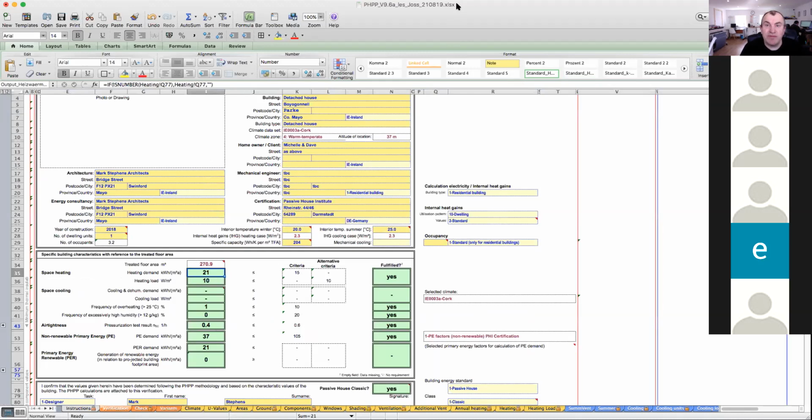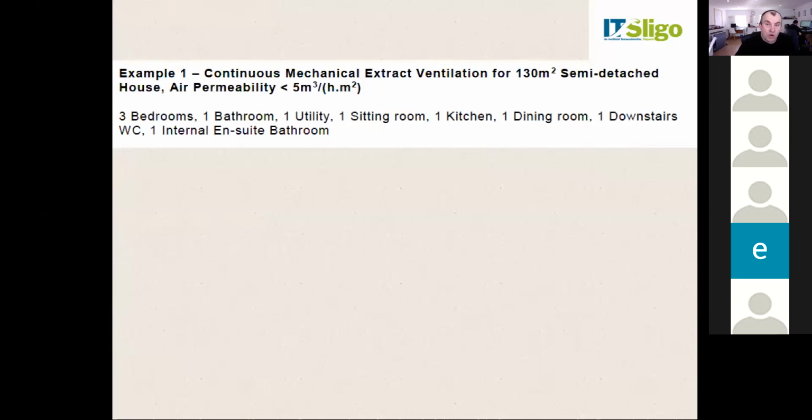So let me stop that and switch back to the PowerPoint slideshow and share this. We are now going to very slowly work through an example where we're going to work out how much ventilation is required for a house that is 130 meters squared.